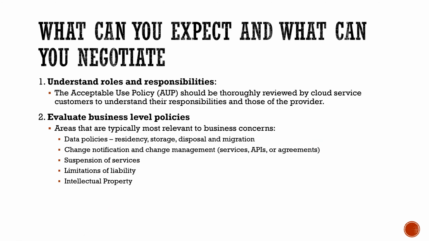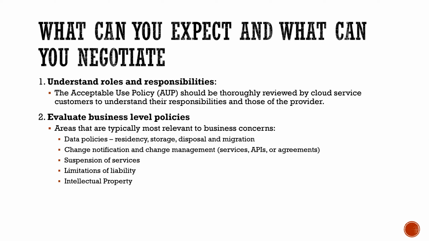So in this week's discussion, there are things that can be negotiated and things that should be considered standard in a cloud service agreement. There are 10 things that can be negotiated, and we're going to cover those briefly here.